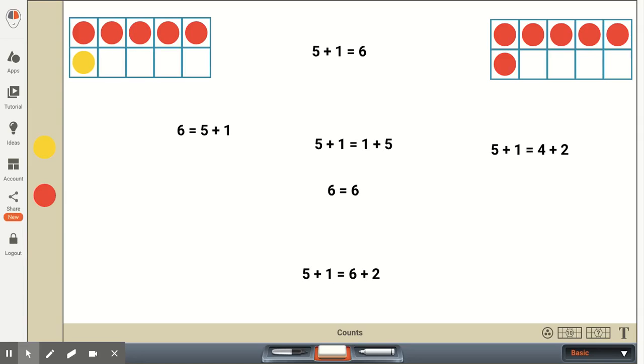Now, many first graders might look at this equation and think of it as being a true equation. What they're going to be doing is they're going to say 5 plus 1 is equal to 6. And if they're only thinking that the answer to the problem on the left side is whatever immediately follows the equal sign on the right side, they're only going to be seeing the 5 plus 1 on the left side, which they would know is 6.